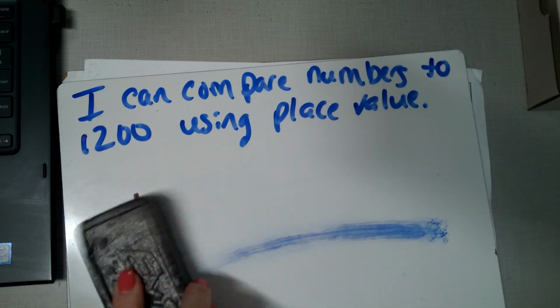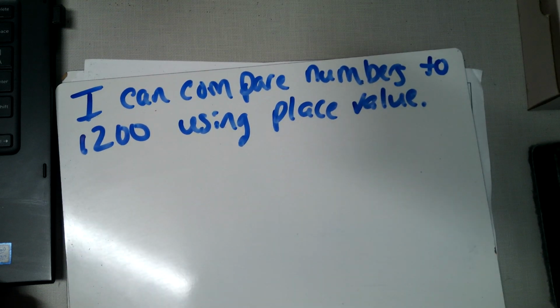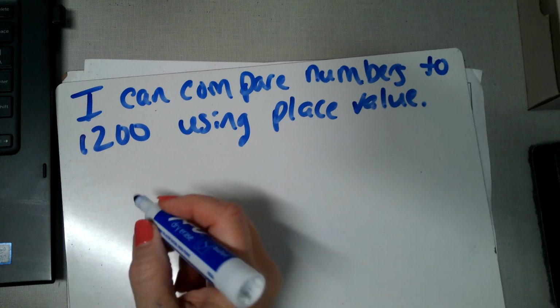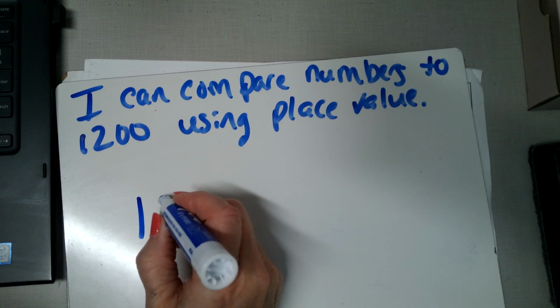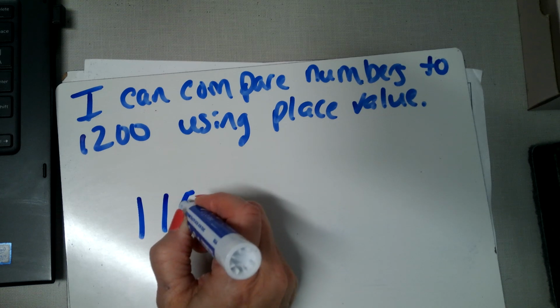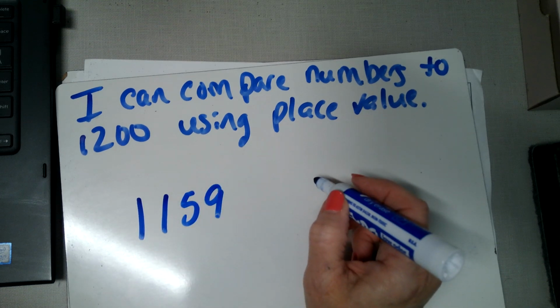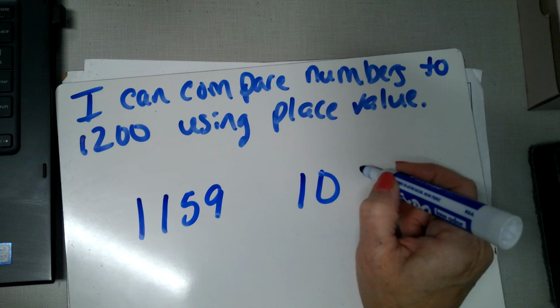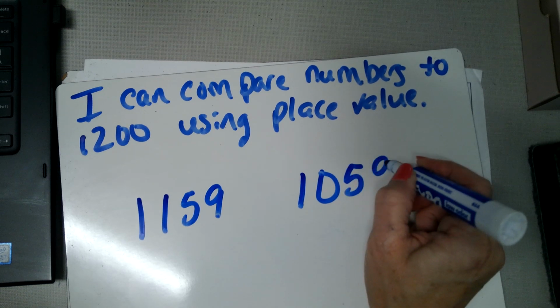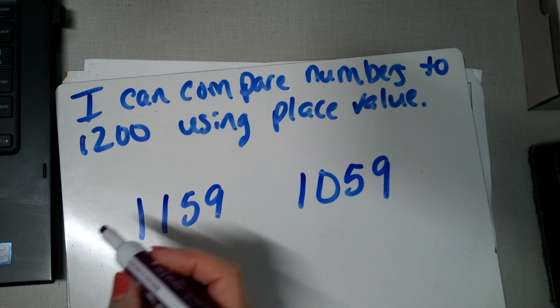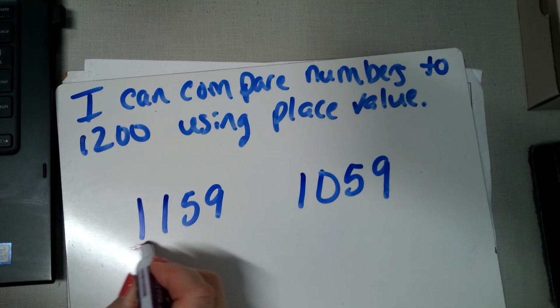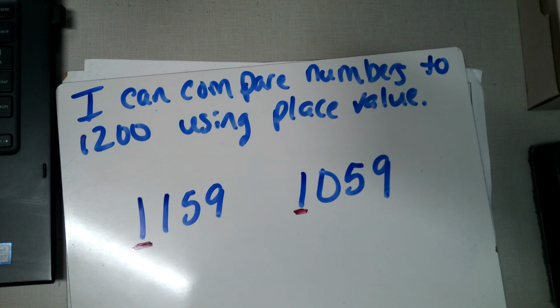Let's try another one. Now, this one's kind of tricky. See if you can do this one. 1,159, 1,059. And when I look at these numbers, there's a lot of numbers that are the same. But remember, I only started my place value. I'm going to look at the thousands first. This one has 1,000 and this one has 1,000.